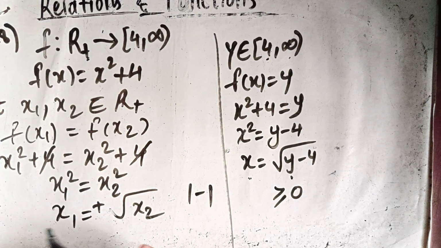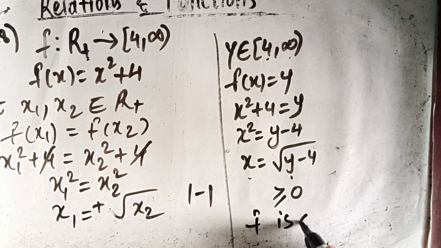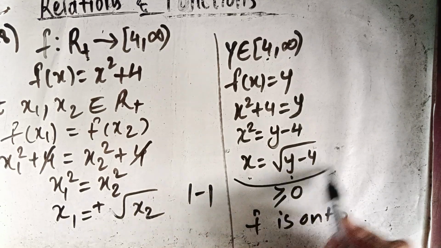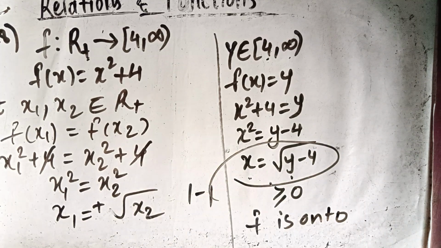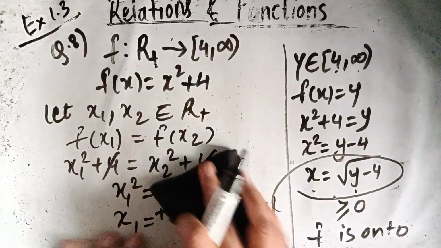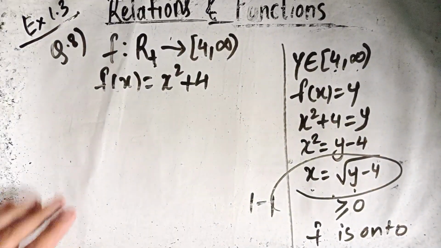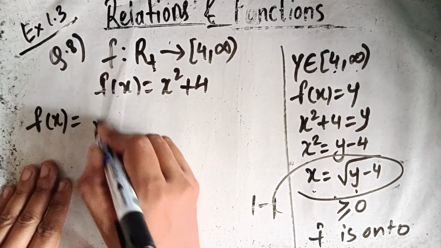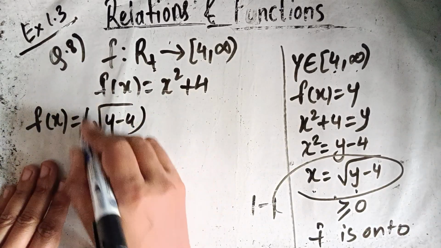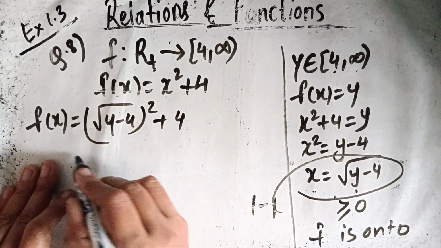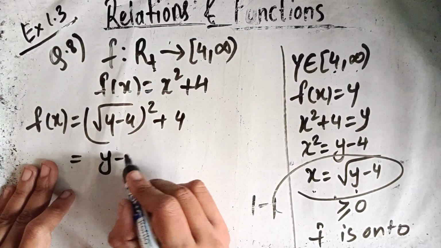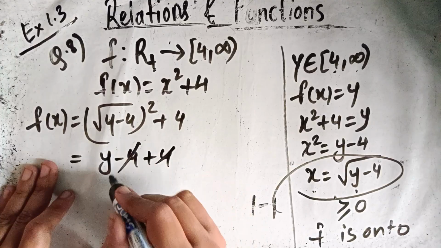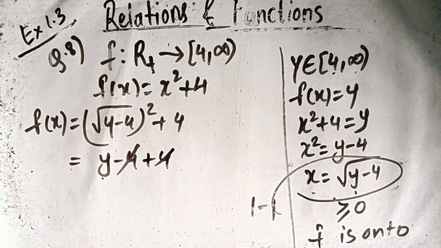So this is true. So we can say that f is onto. You can put this value in your f of x and check. So you're getting y.